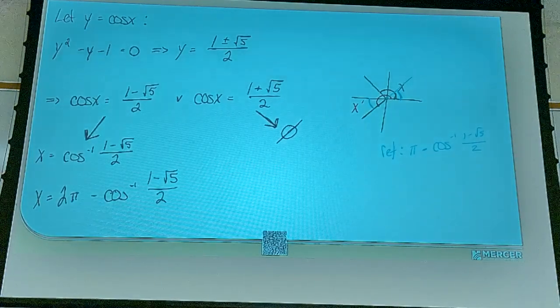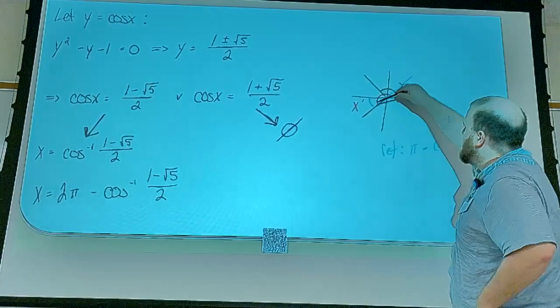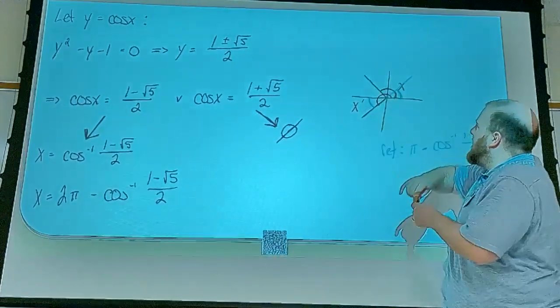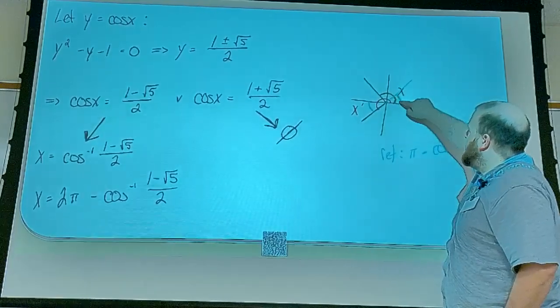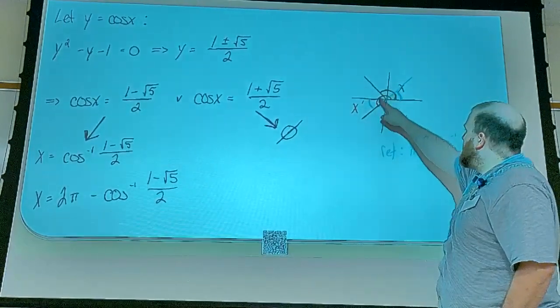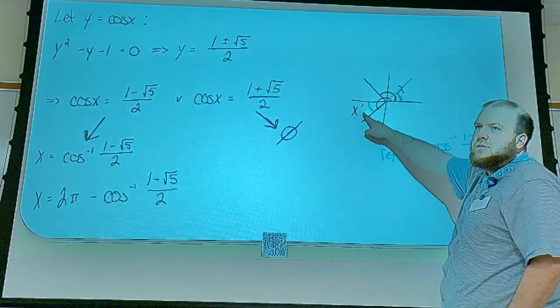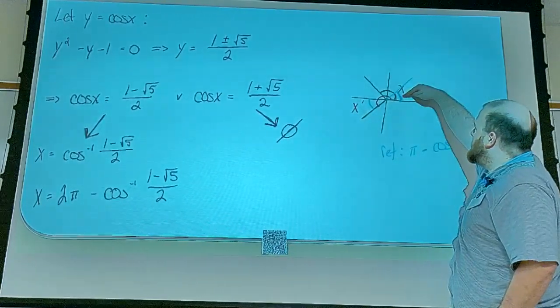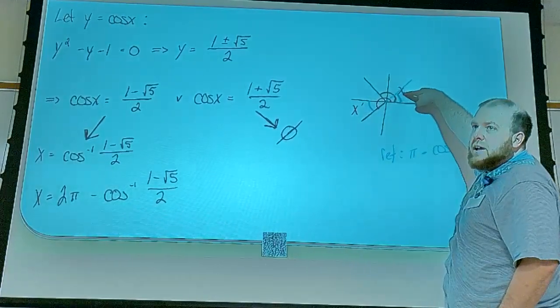I actually like this way better, now that I actually did it out. That is our reference angle for the second angle, right? These two angles have to have the same reference angle. What's this reference angle? Pi minus x, which is this here, right?